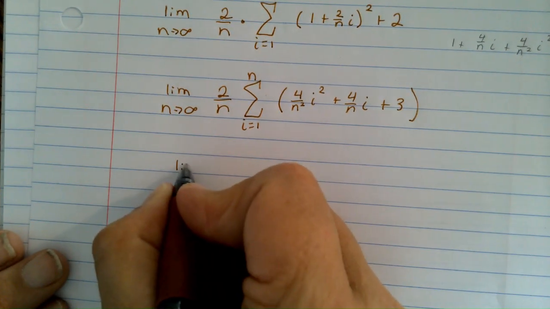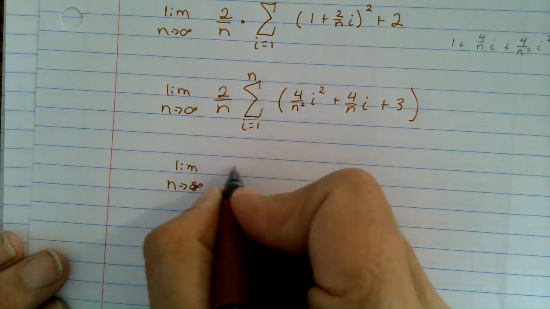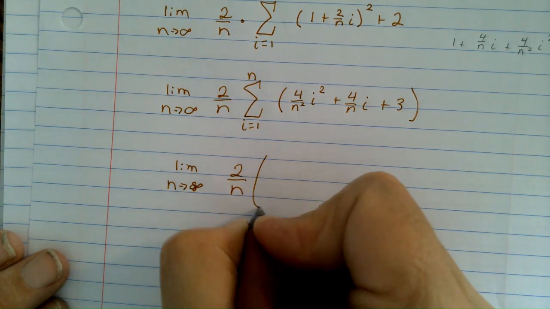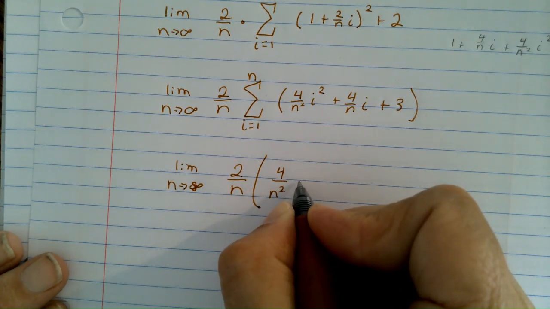Now we've got the limit as n approaches infinity of 2 over n multiplied by 4 over n squared. Notice I dropped the summation symbol.